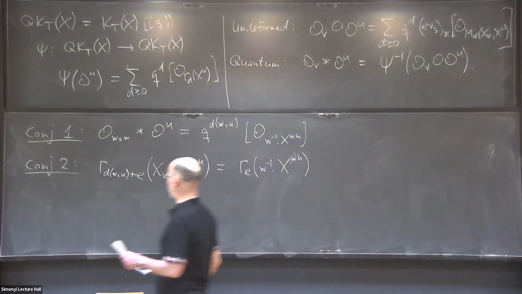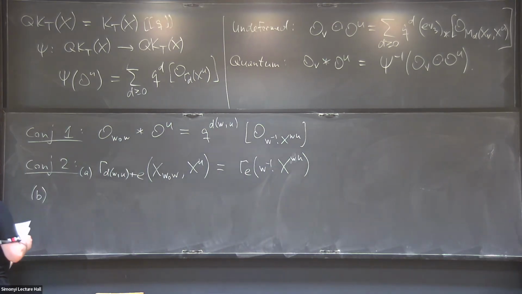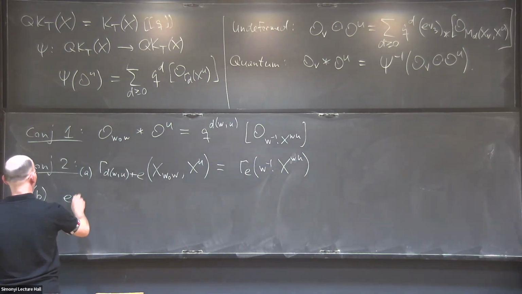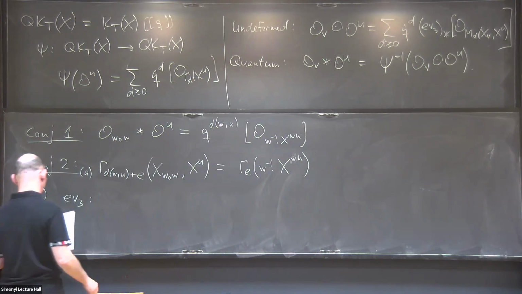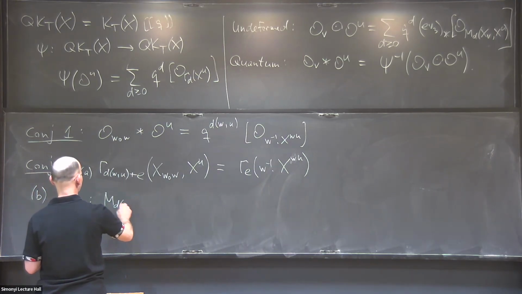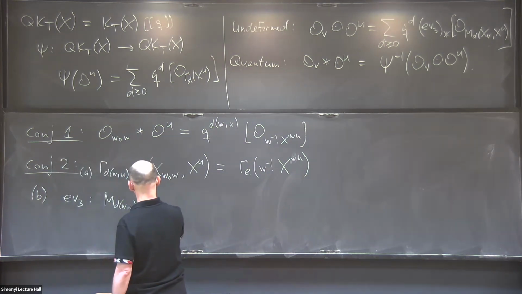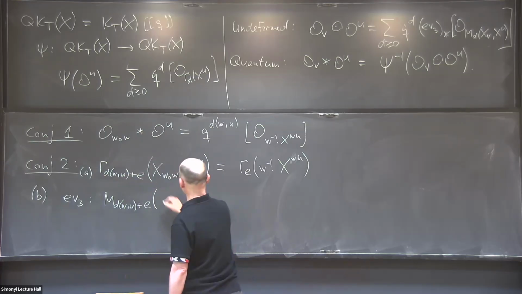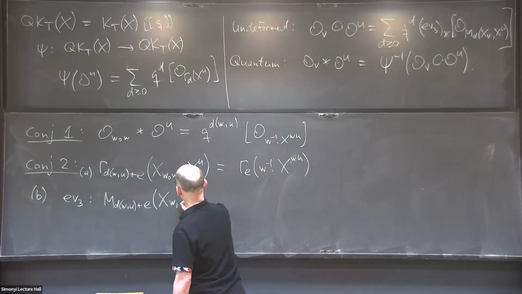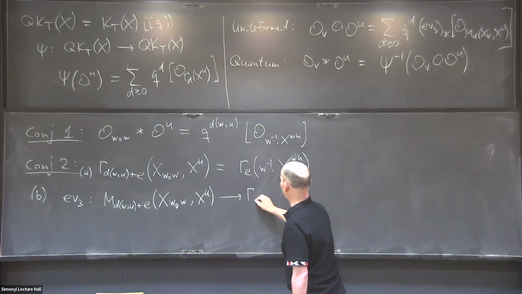Let's say this is part A, and then part B. So we have the third evaluation map, which certainly goes from the Gromov-Witten variety of d w w comma u plus e to the corresponding curve neighborhood.